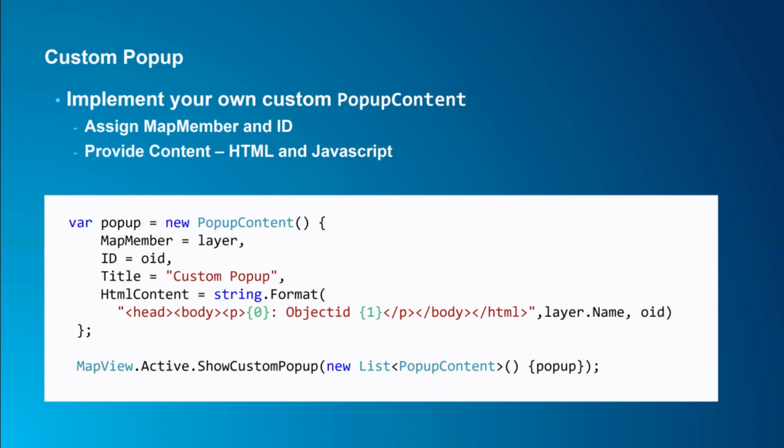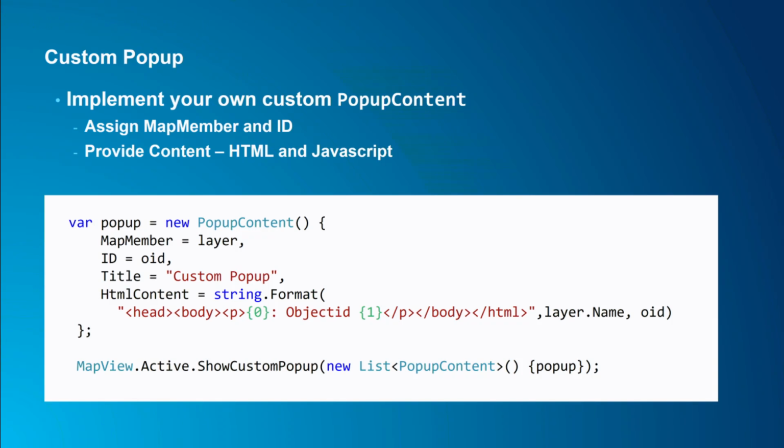And then a flag here, include default commands. There's a set of commands that come with the custom pop-up that you can choose to include or exclude. So to implement your own custom pop-up content, you have to first assign the map member and the ID, and then you have to provide the content formatting in HTML and JavaScript. So you see down here, in this code snippet, I create a new pop-up content instance, and I provide a map member, which is in essence the layer that is returned by my selection. I also have to specify the ID.